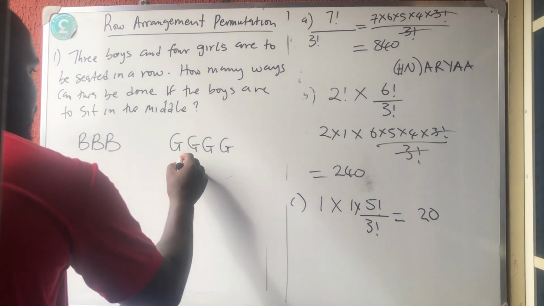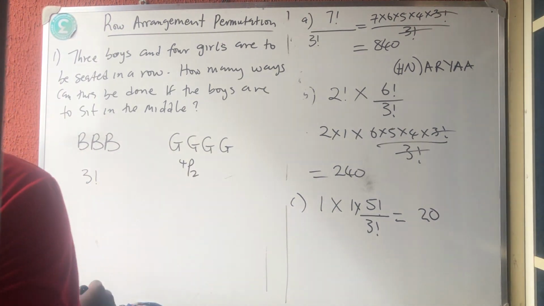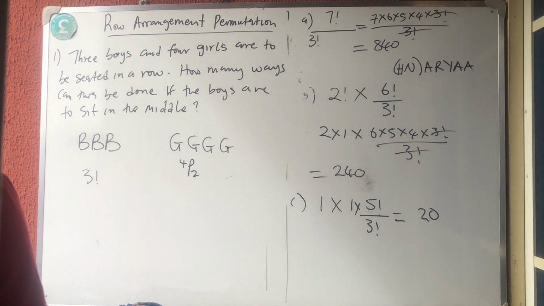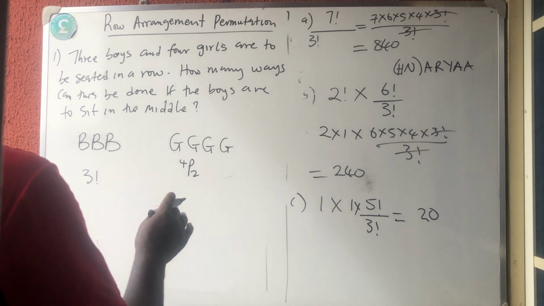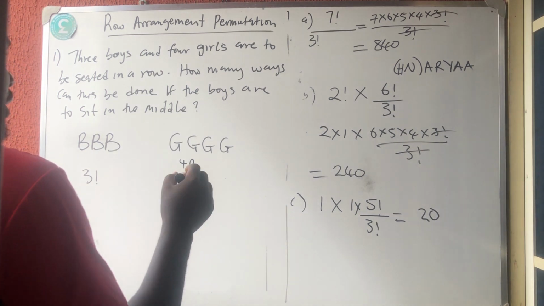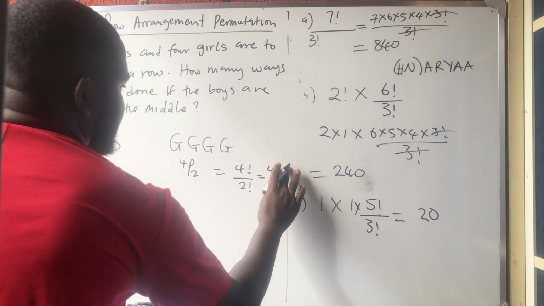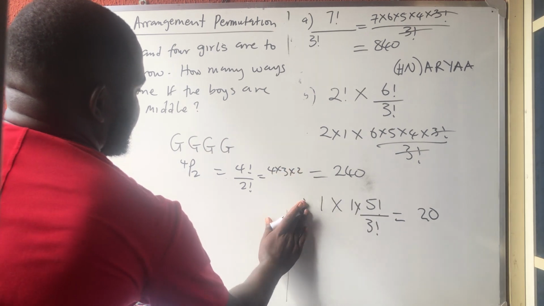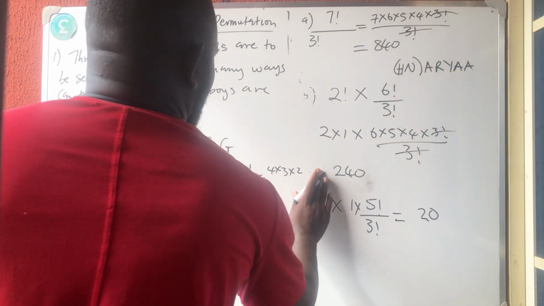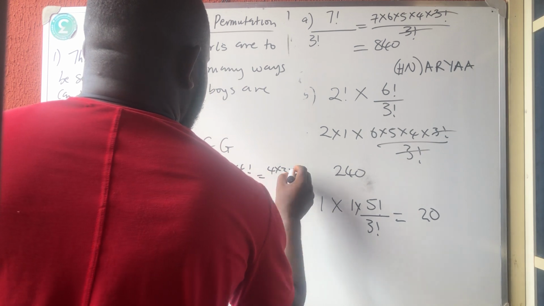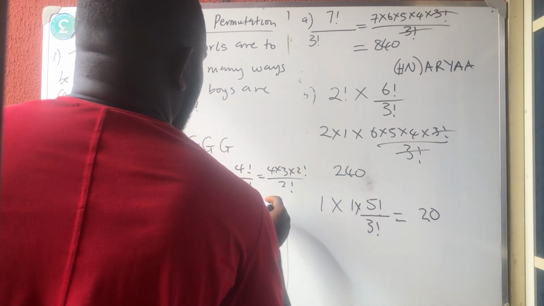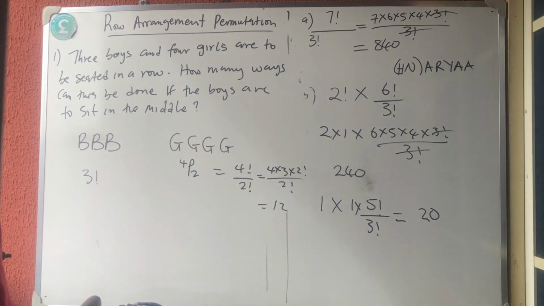So it's going to give me 4 permutation 2, which is 4 factorial over 2 factorial, that is 4 times 3, which is 12.